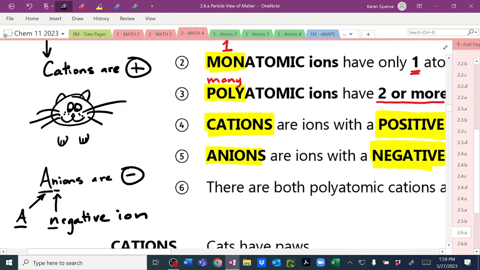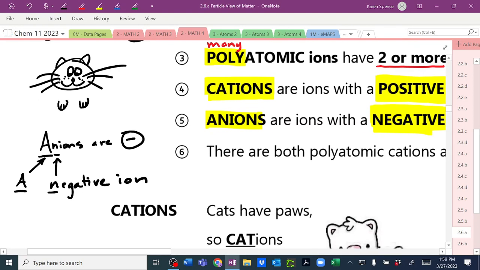What type of element forms anions? Those are our nonmetals. Okay.